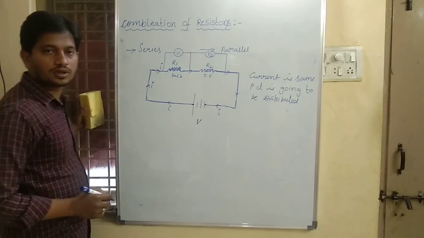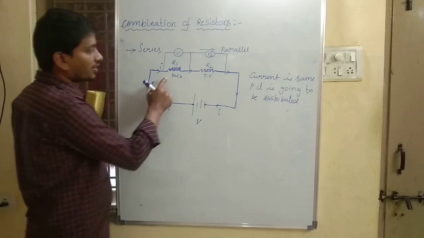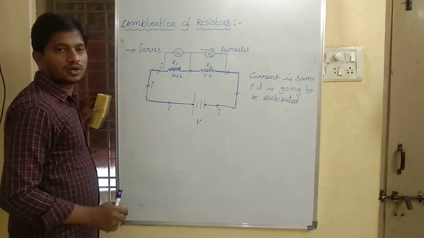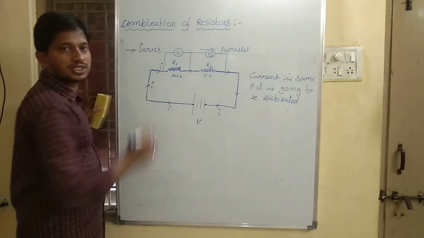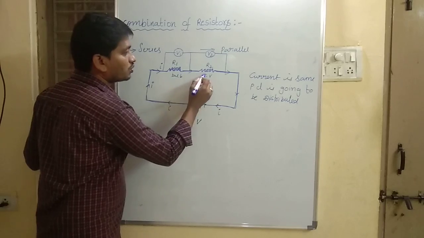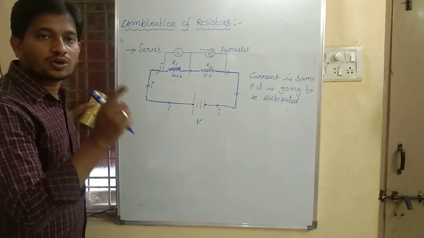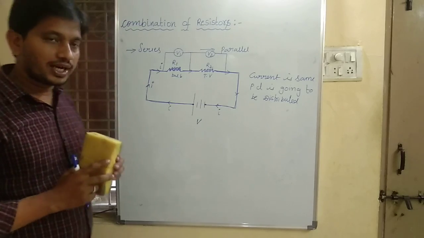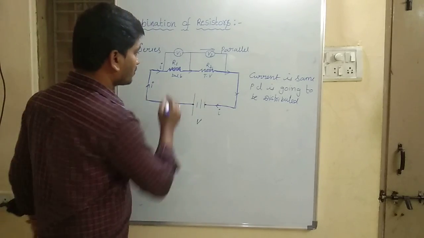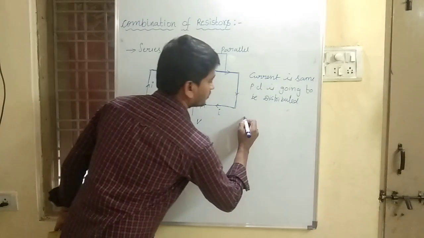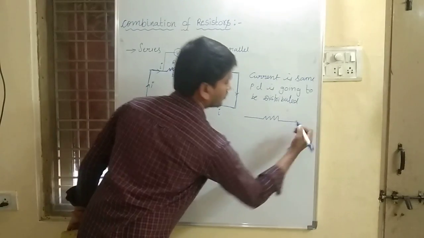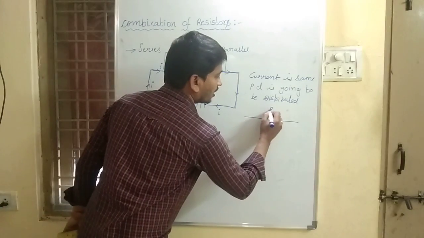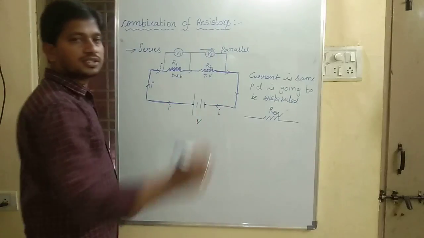Listen carefully. We are connecting two resistors. When we combine these two resistors, we get a combination of resistors, nothing but an equivalent resistance. Let me combine resistor R1 and resistor R2 and write it as R, the equivalent resistance.